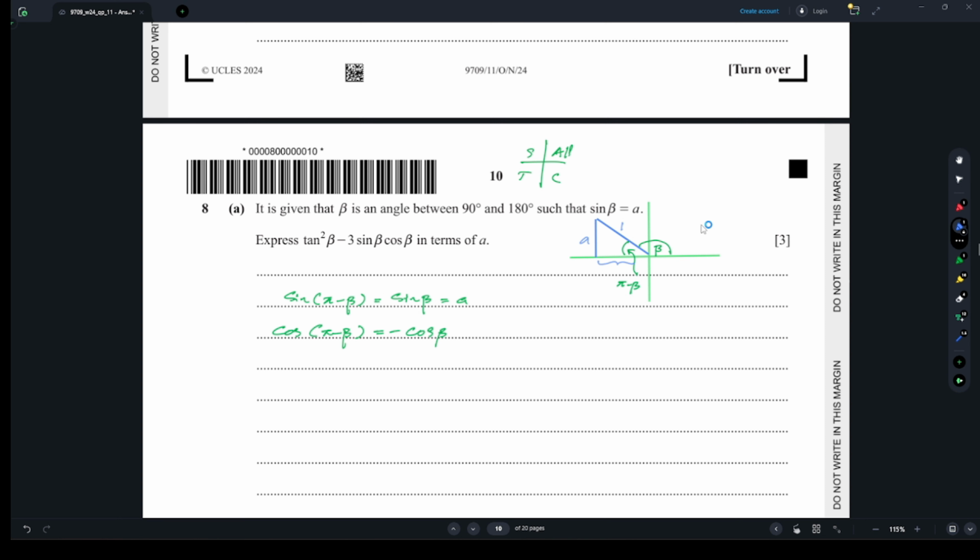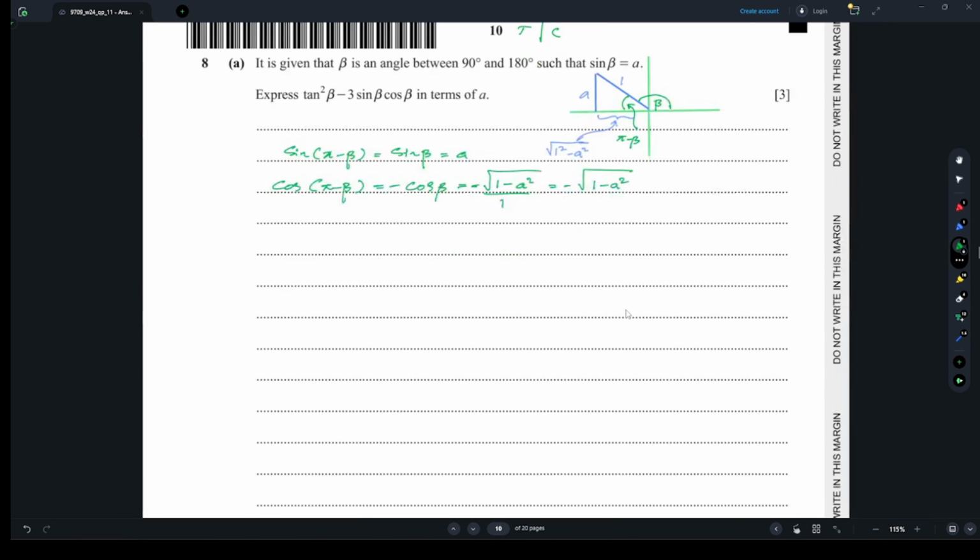Then you can find the adjacent: the square root of 1 squared minus A squared, using Pythagoras. So cos beta is minus the square root of 1 minus A squared over 1, which is minus the square root of 1 minus A squared. Now we know cos beta and sine beta.